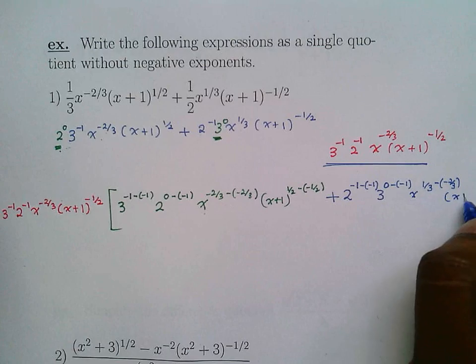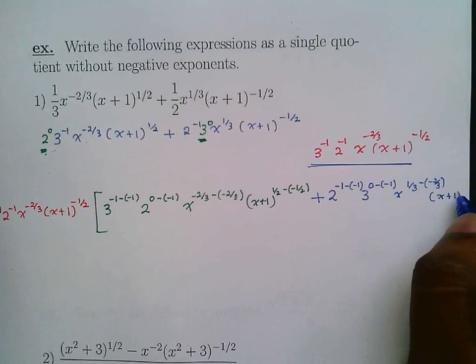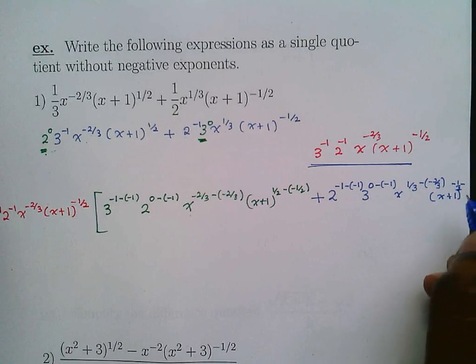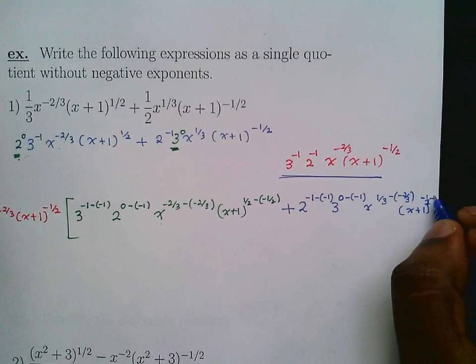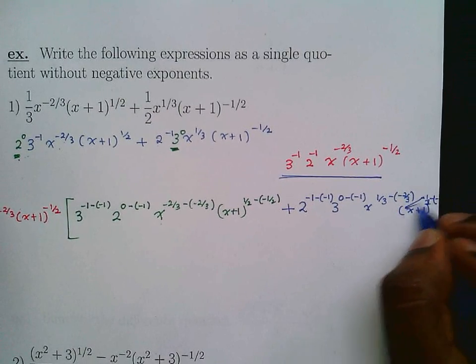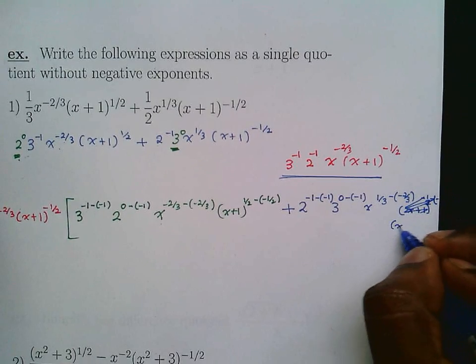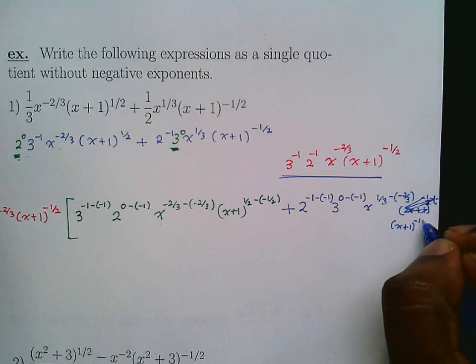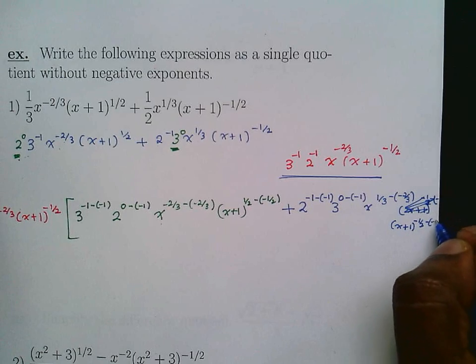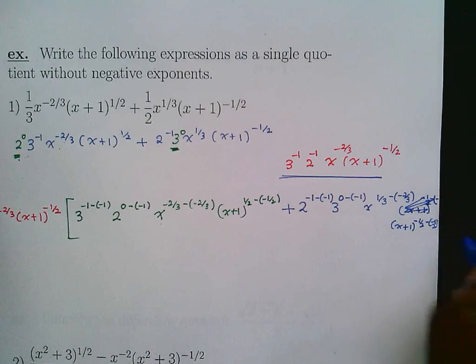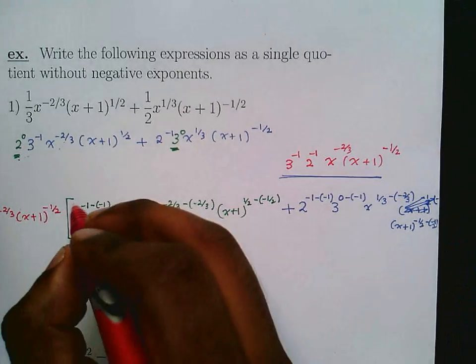And x plus 1, we had -1/2, subtract -1/2. I'm going to write this here: x plus 1 to the -1/2 minus of -1/2. Okay, see, most of the things will become 0.